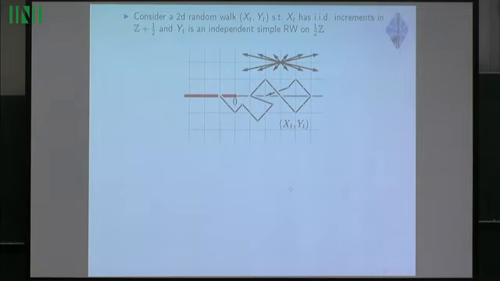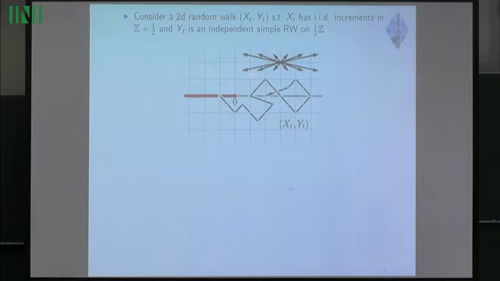And here's an indication that this might be possible. So let's consider a two-dimensional random walk (x, y), such that x has independent increments in the integers plus 1/2. So what I'm looking at are random walks that do not walk on the integer lattice, but on the half-integer lattice.